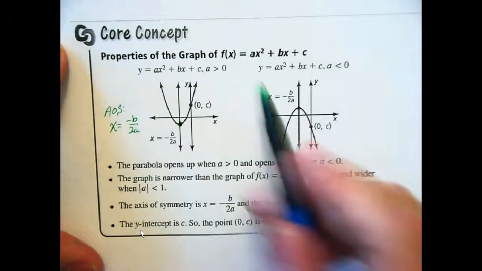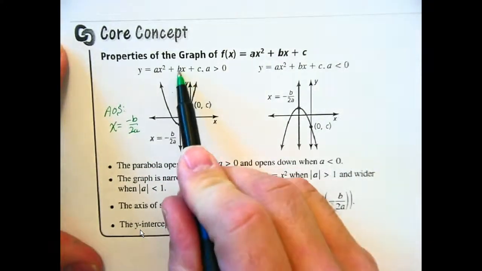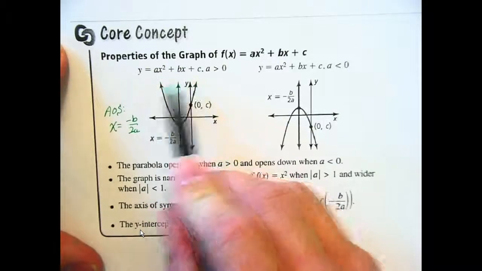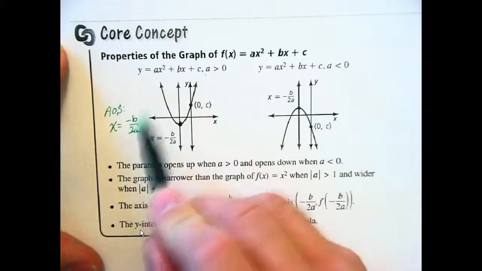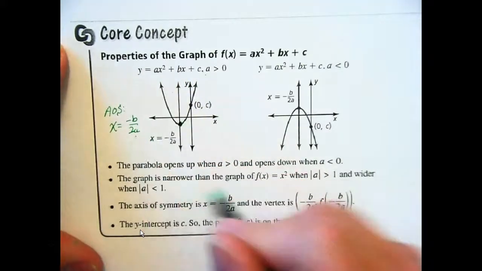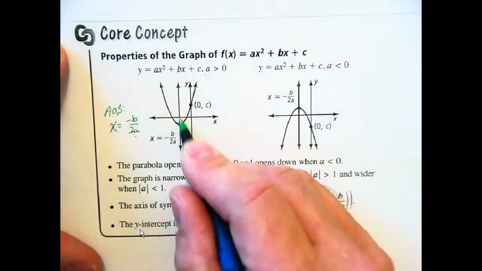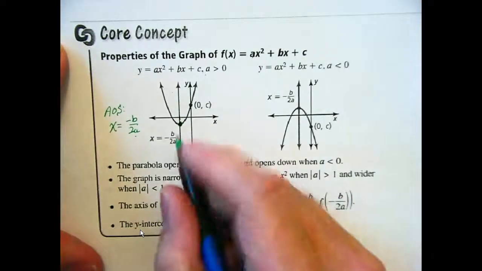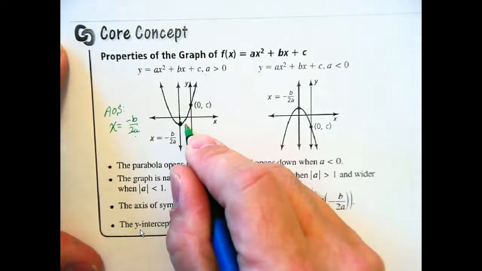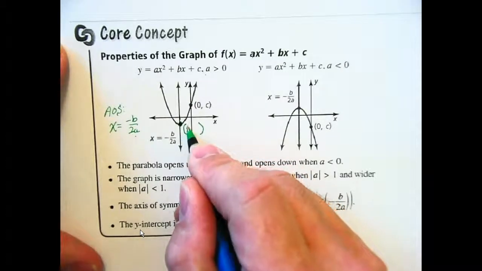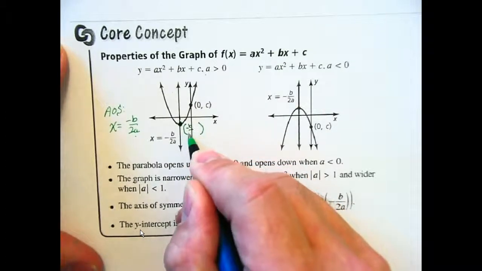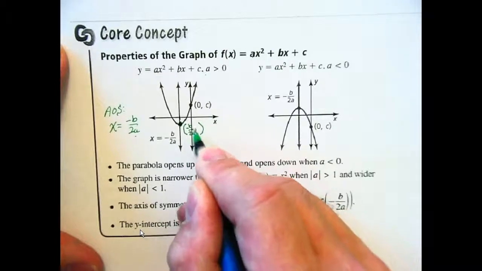The opposite of b over 2a means that in standard form, ax squared plus bx plus c, we take the opposite of our b term and divide it by twice our a term. And that tells you the x value of your vertex. So if I was looking at this vertex here, the opposite of b over 2a gives me the x value.